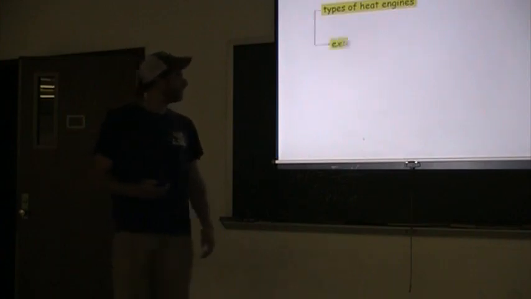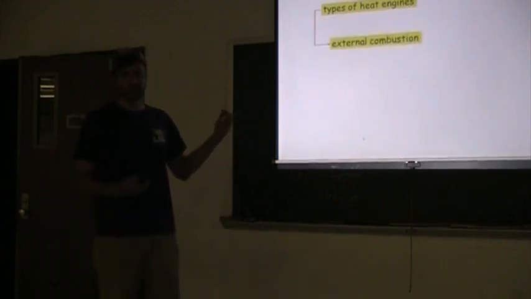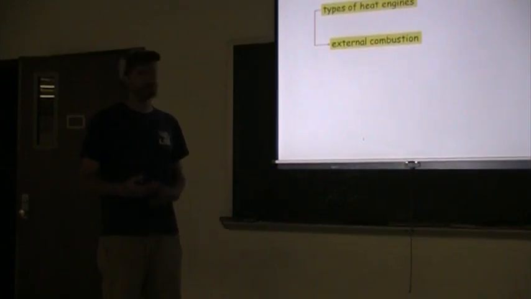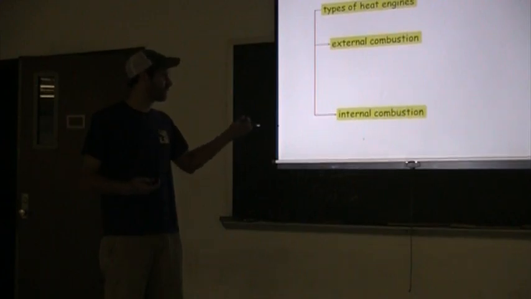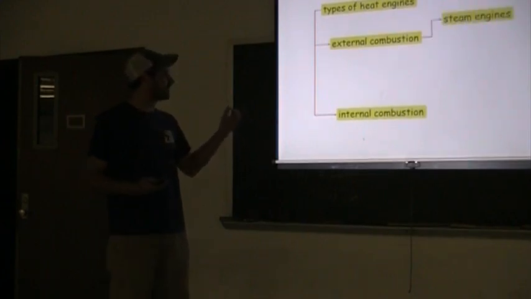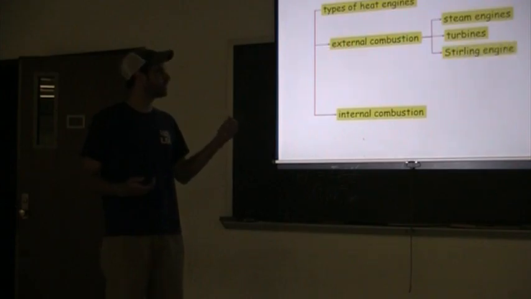For types of heat engines, we have the external combustion engine, just as a comparison to internal combustion engines. External combustion engines are such as steam engines, turbines, and Stirling engines.